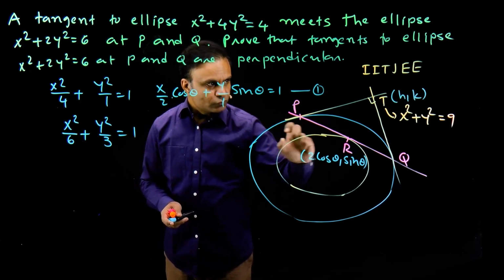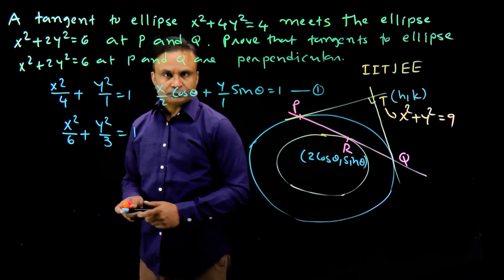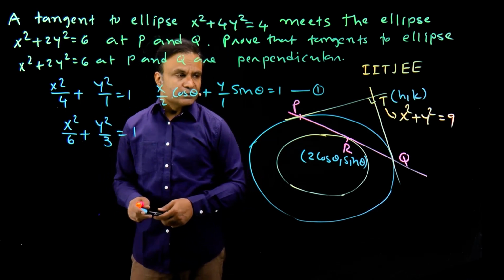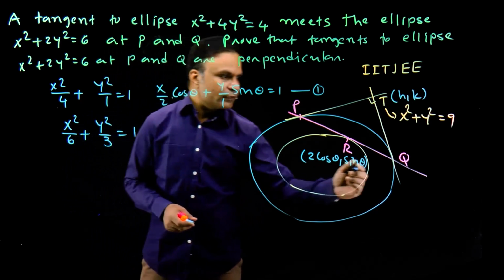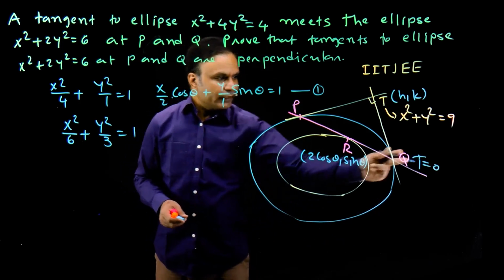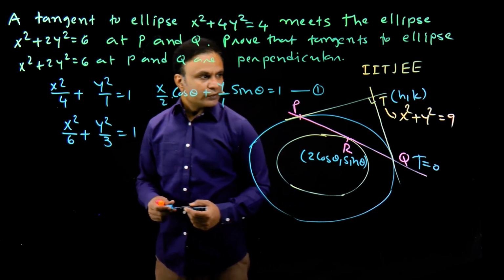Now with respect to point HK, what is equation of chord of contact? Chord of contact in conic sections is obtained the same way everywhere. Equation is T is equal to 0. This T is not the point, okay? This is expression T.